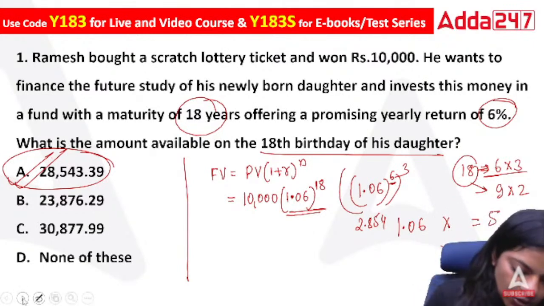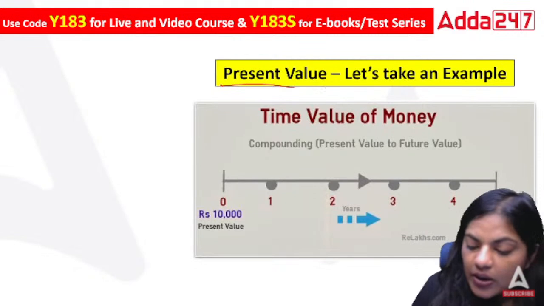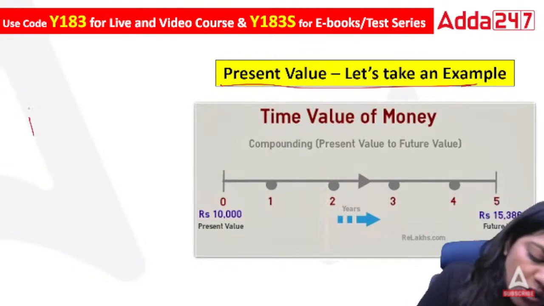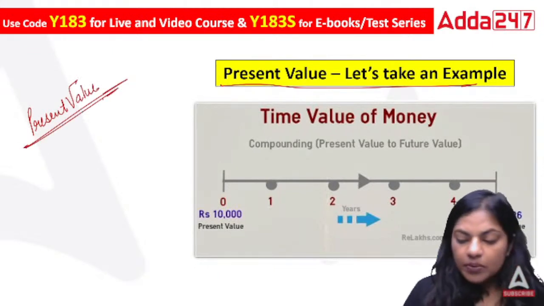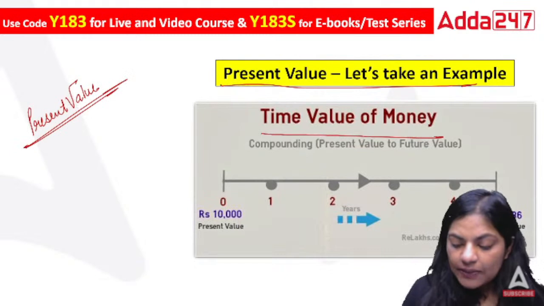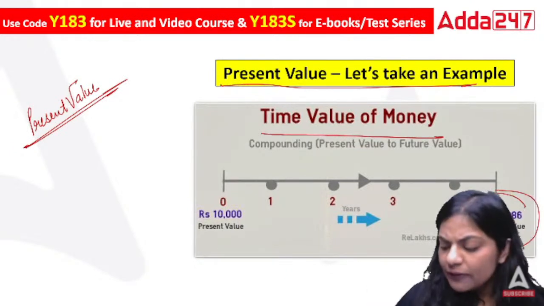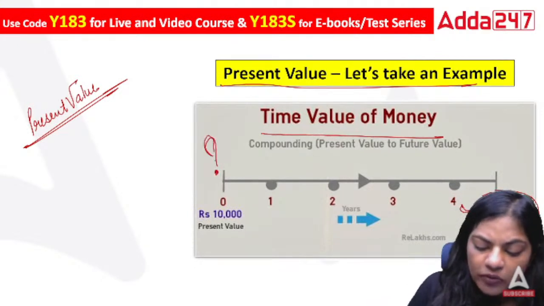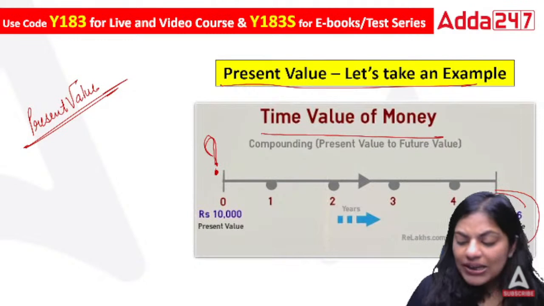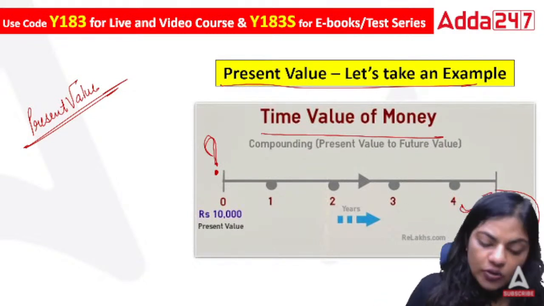Okay, next one. Now, we will be discussing the concept of present value. When you talk about present value, what is the concept all about? Let's say you want 15,000 after 5 years. So how much amount will you invest today so that after 5 years you have 15,000 with you?